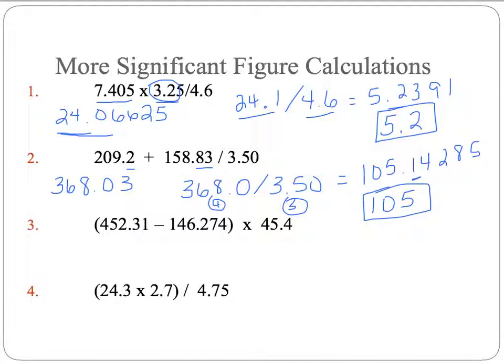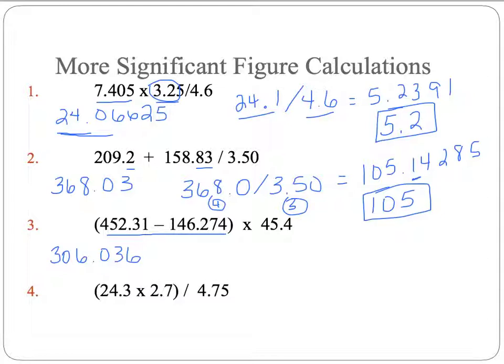Alright, next one. We are going to have to do that calculation first before we multiply. So 452.31 minus 146.274 gives me 306.036. But again, before I go on to my next operation where they want me to multiply, I've got to make sure that I record this to the correct number of significant figures.